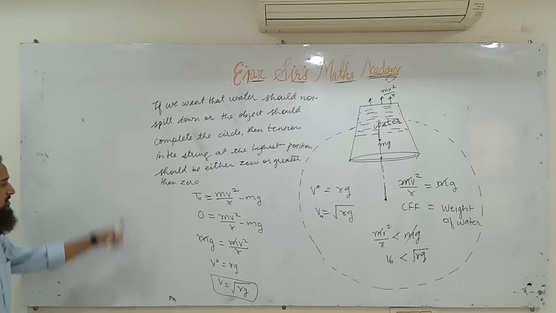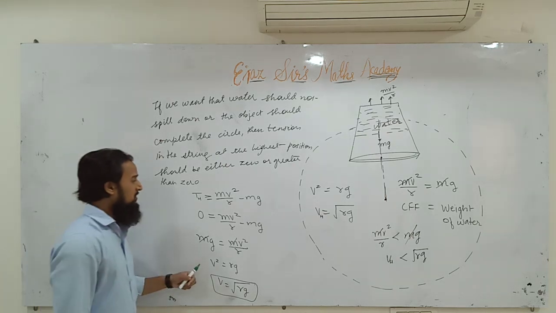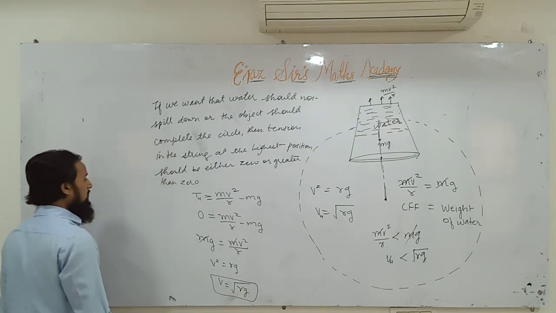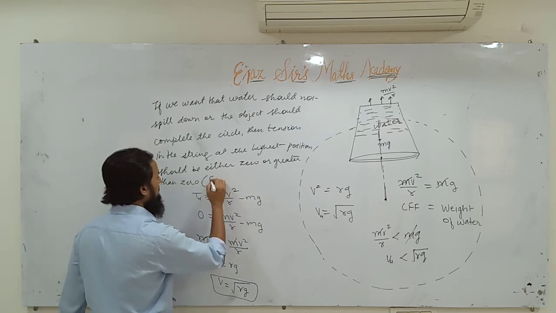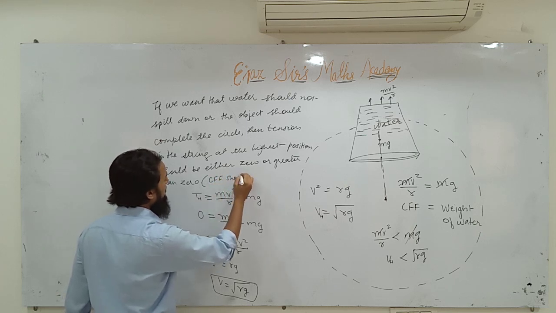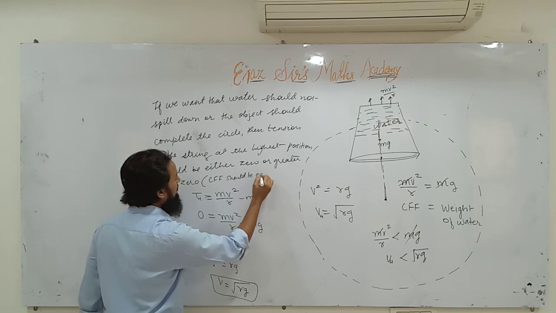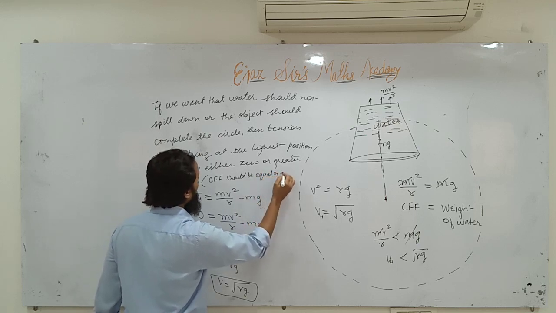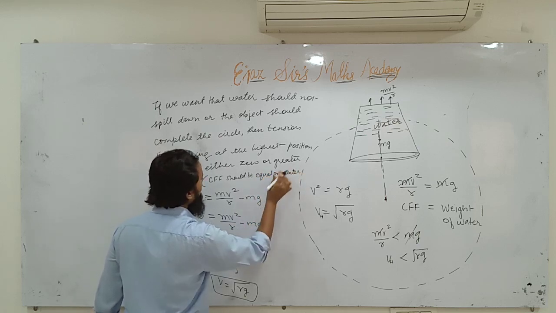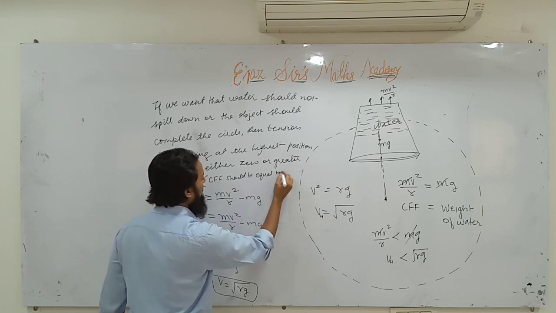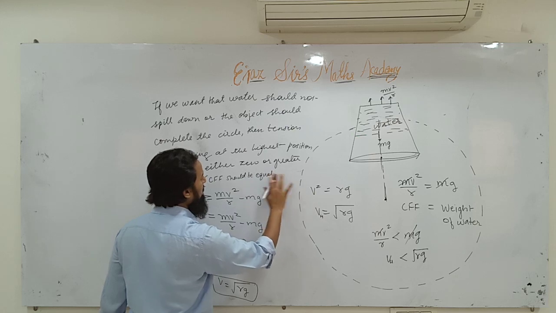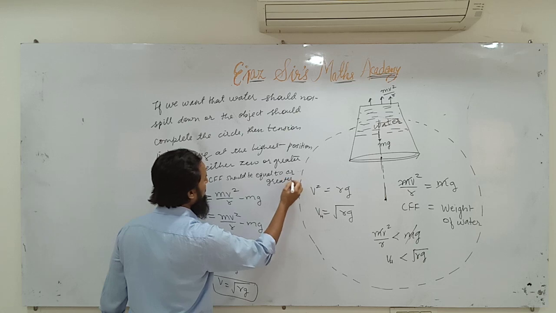Okay. In this position, tension is equal to 0. What does it mean? Centrifugal force should be either equal to or greater than mg.